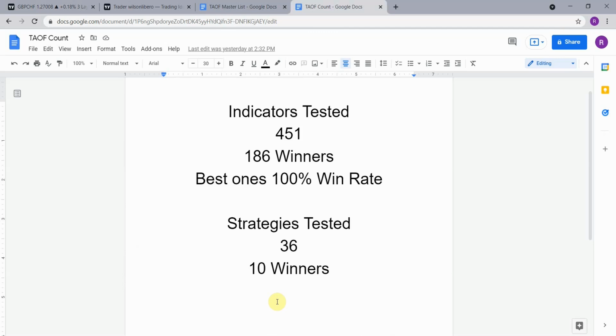We have also tested a total of 451 indicators, with 186 of them being winners. The best ones so far were able to achieve a 100% win rate. Now you need to go back and watch those videos to understand the context of how they were able to achieve that. So go back and watch those videos and see what you can get out of those winning indicators.